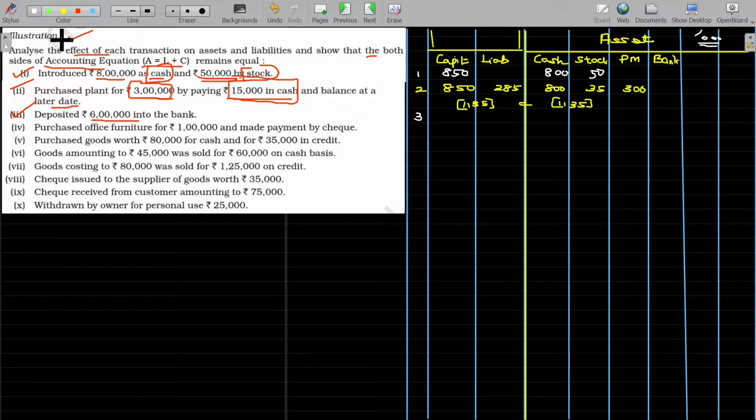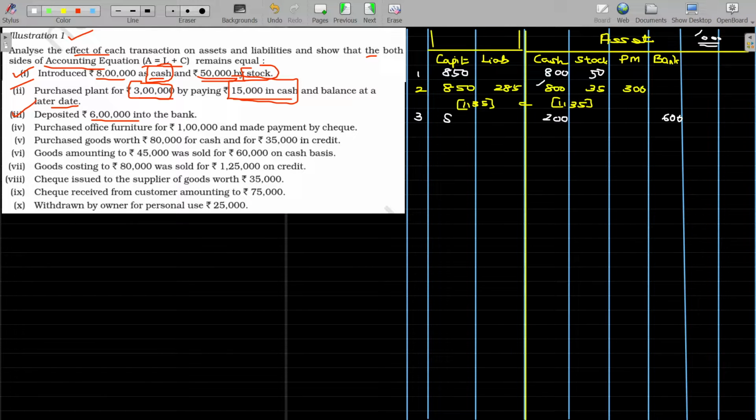Now the bank balance increases by 600. That payment is made by what? Cash. We have a cash balance of 800. Because of depositing in the bank, the balance is increasing by 600, so this cash balance will be reduced by 600. So 200 here.